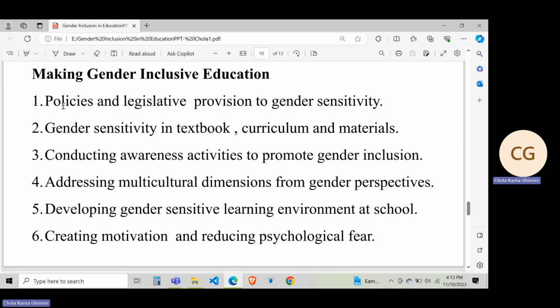First, we need to make policies and legislative provisions that address gender sensitivity.